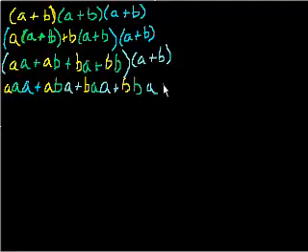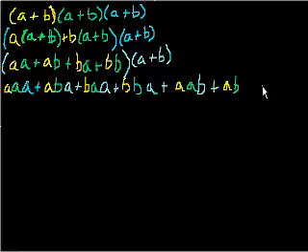Plus. Now we're going to do the blue b times everything. So it's yellow a, green a, blue b, plus yellow a, green b, blue b. Intuition doesn't come easy though.